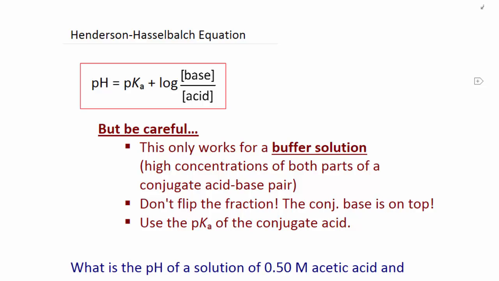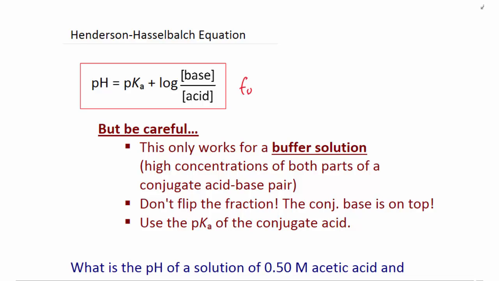So if we have acetic acid and acetate, or HF and F minus, if we have both of them, that requires putting both of them in the solution. You have to have high concentrations of both. They have to be a conjugate pair. It doesn't work if they're not conjugates. So be careful. This is the Henderson-Hasselbalch equation.